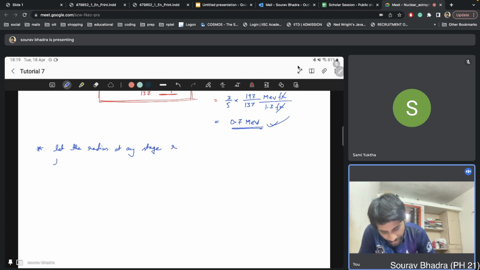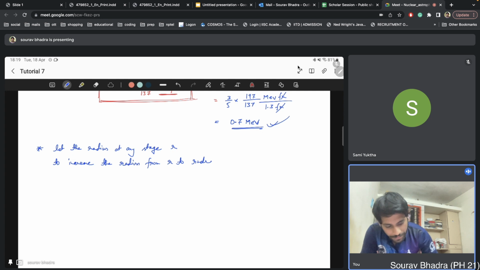And to increase, very quickly I will write it, to increase the radius of the nucleus from r to r plus dr. That means at first it was like this, I am collecting charge from a very large distance, suppose.